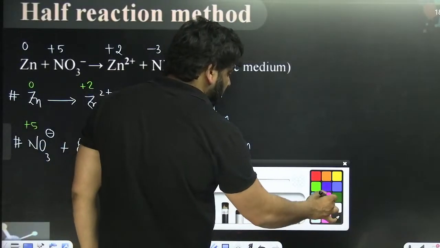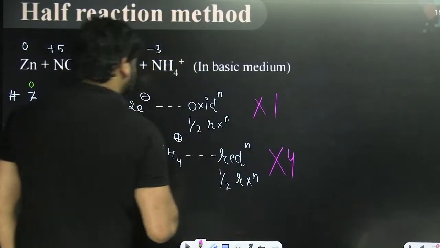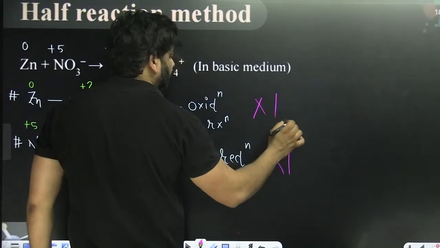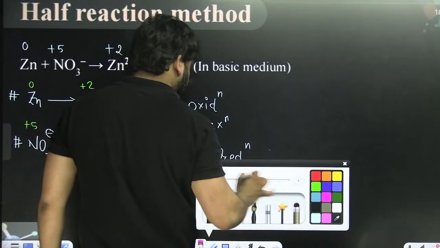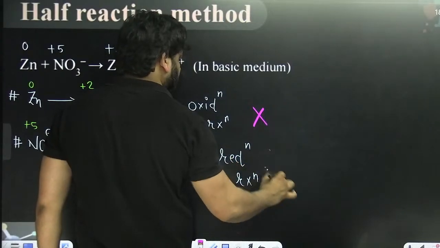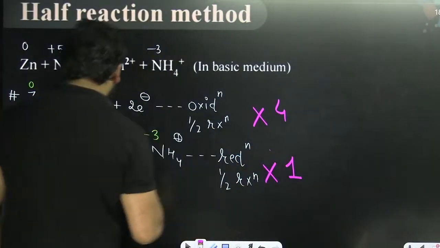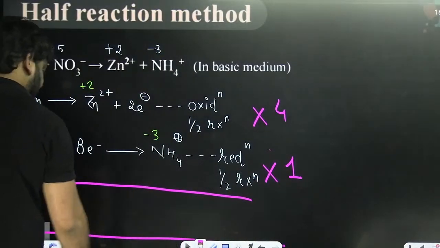So what we can do is simply add these two reactions by balancing the number of electrons. How? Multiply this reaction by 4, multiply this reaction by 1. Then get the final equation, and then we'll do the further treatment.